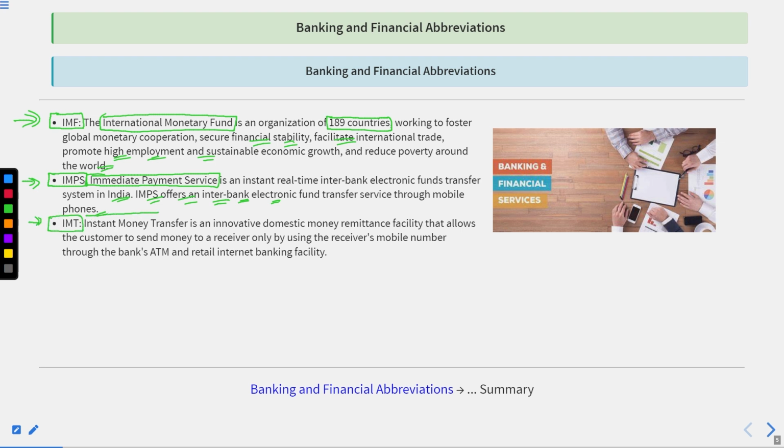It stands for Instant Money Transfer, which is an innovative domestic money remittance facility, allowing the customer to send money to a receiver using only the receiver's mobile number through the bank's ATM and retail internet banking facility. No other things are required in order to avail this. Now let's move forward.